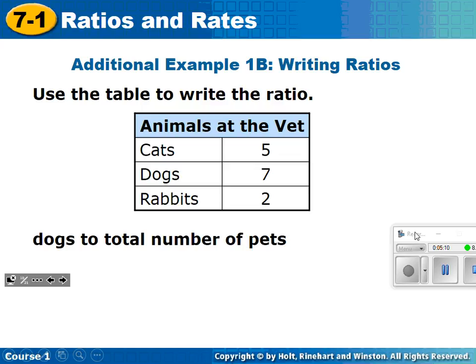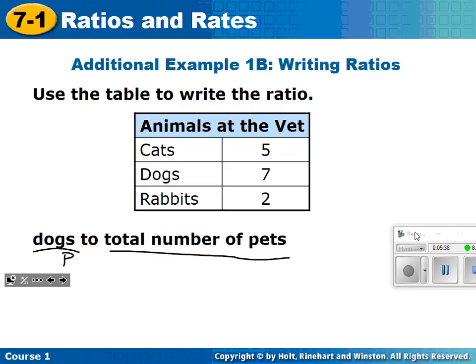7 to 14 is correct because you would add up all of the parts together because it's the whole total number. So 7 dogs to 14 total pets. Would you say that's a part to part, part to whole, or whole to part? Xander. Part to whole because dogs is a part and the total number of pets is a whole.